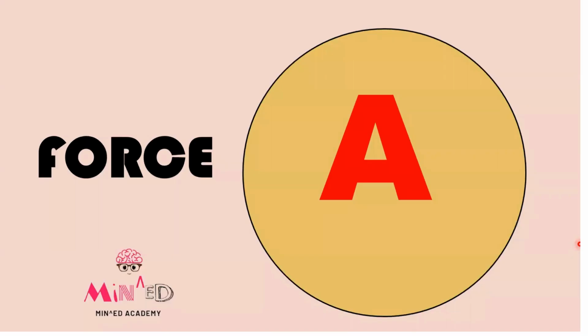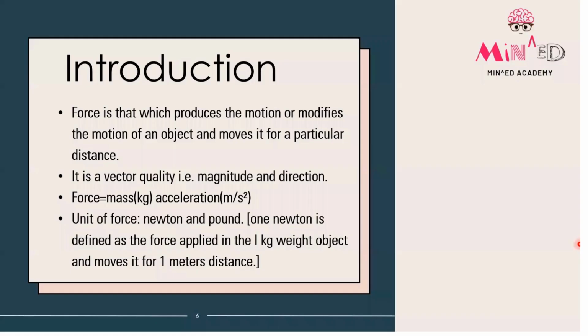So let's start. Force. Force is that which produces the motion or modifies the motion of an object and moves it a particular distance. As is clear from the definition, anything that produces a movement, or modifies the movement of an object, is called force.